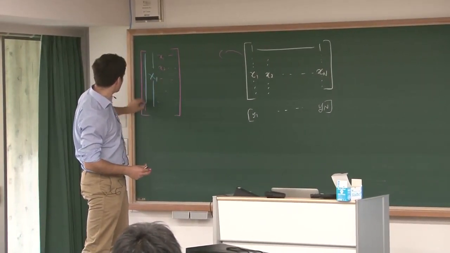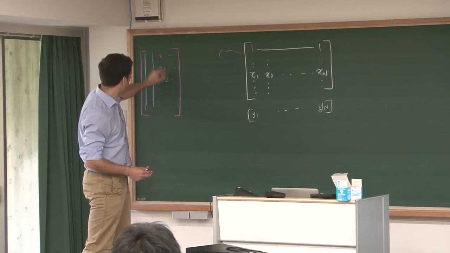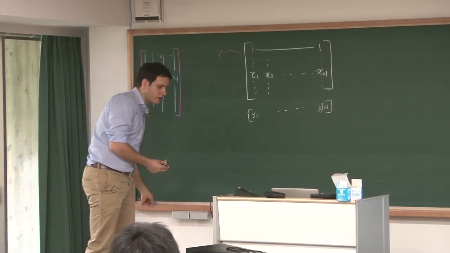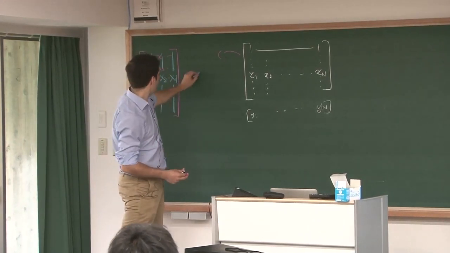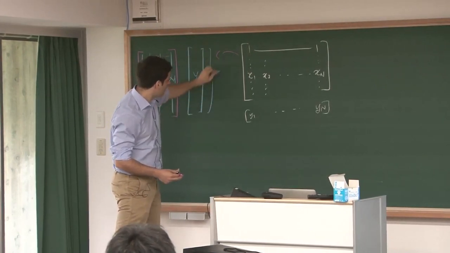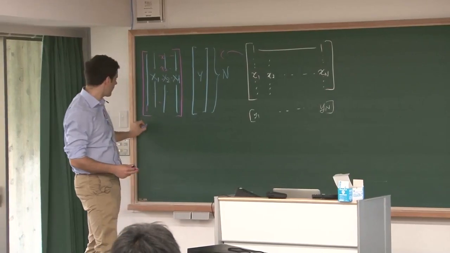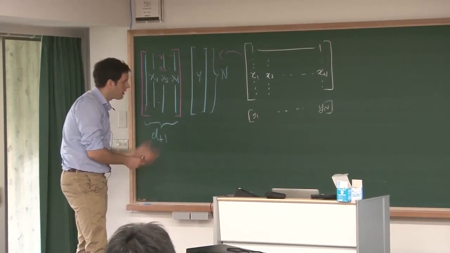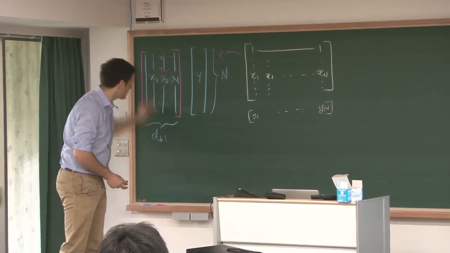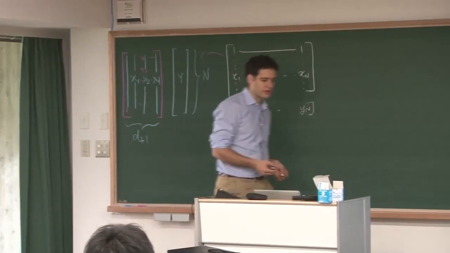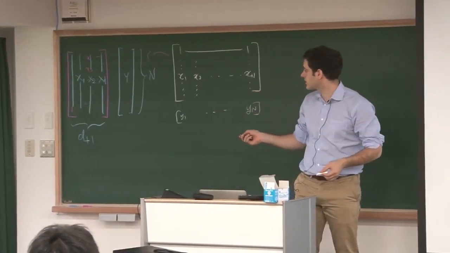The first column is the column of ones, and then x2, etc., until we get xd, because we have d variables. And then what we try to reconstruct is this vector y, which has n observations. So we have d plus 1 column vectors and one vector, and we try to reconstruct this vector using the others.